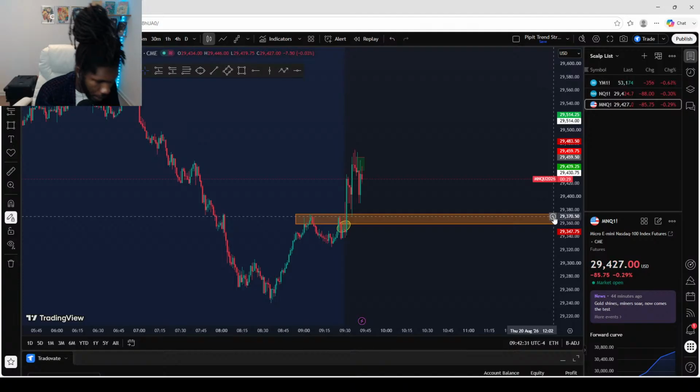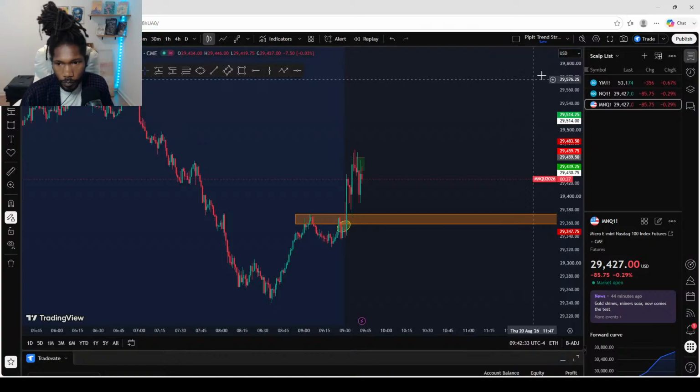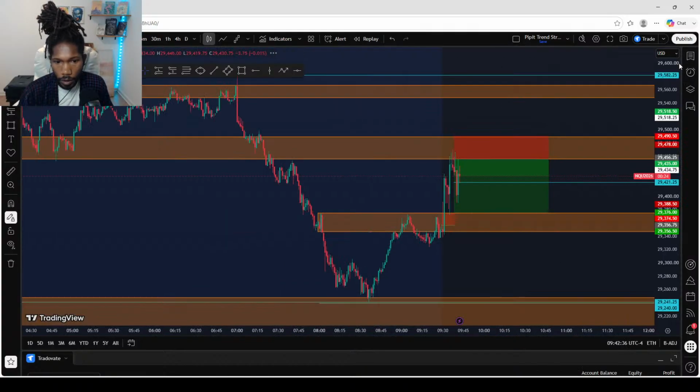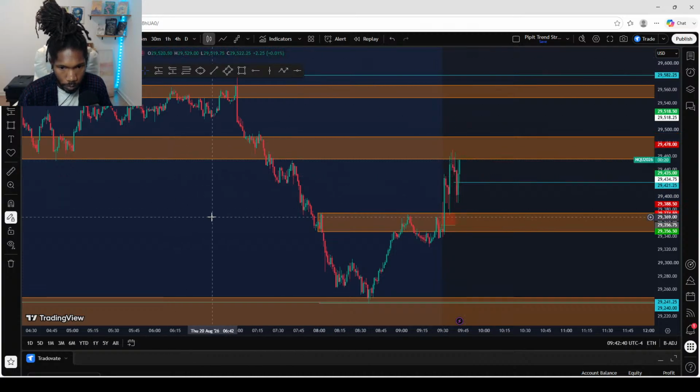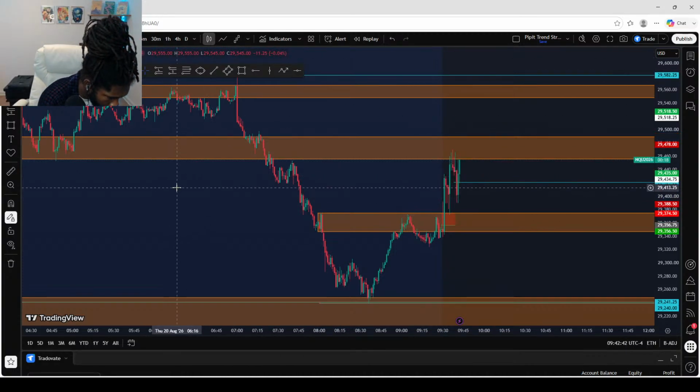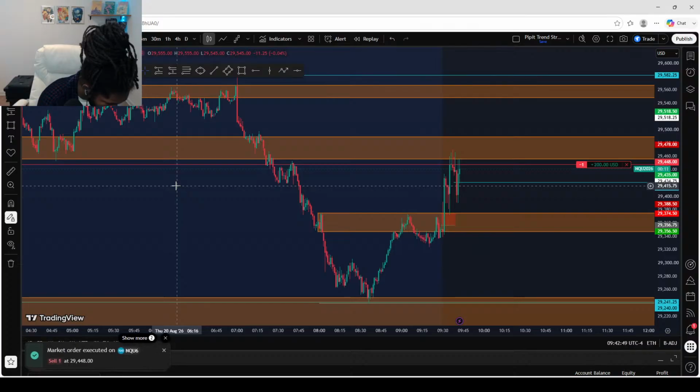We literally had our re-entry at 453. There it is. This is our re-entry. Got me in late. It was a delayed entry. I did not like that.